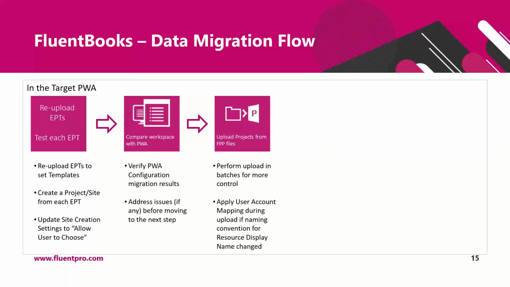So if, for example, you would like to perform the upload in three threads, you will need to have three machines, FluentBooks and Project Professional on each machine, and three different migration accounts to be used on each machine, because if all the uploads are done using a single account in Project Online, it is possible that you will get a throttling error.